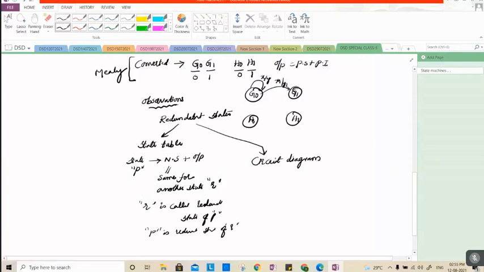In the circuit diagram, if there is some unnecessary flip flop, unwanted additional hardware, this is called a redundant state.